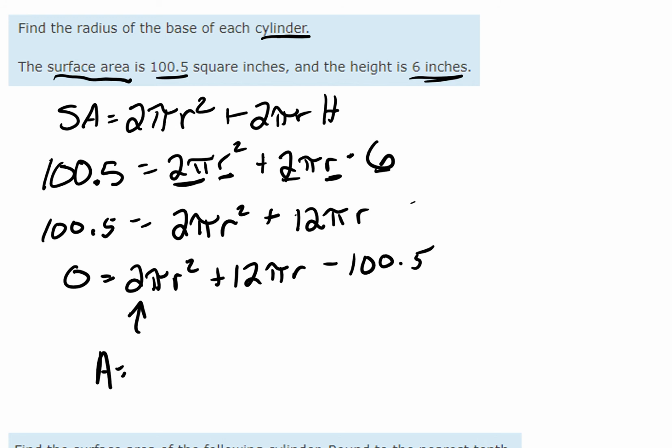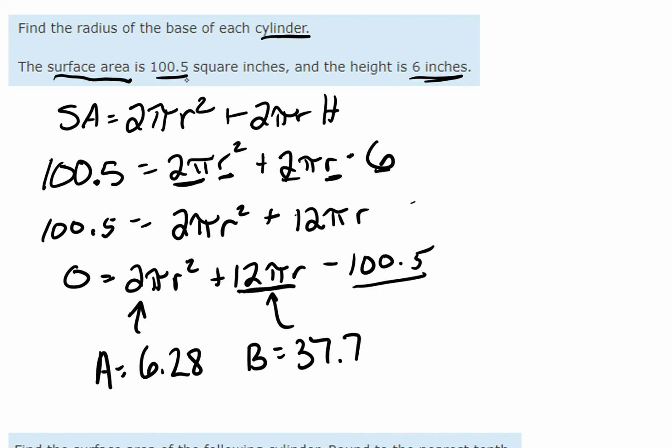And we're going to round that off. We're just going to go to 2 decimals right now. So we'll go 6.28. Our B value is right here, which would be 12 times pi, which is 37.7. And our C value, which is negative 100.5.